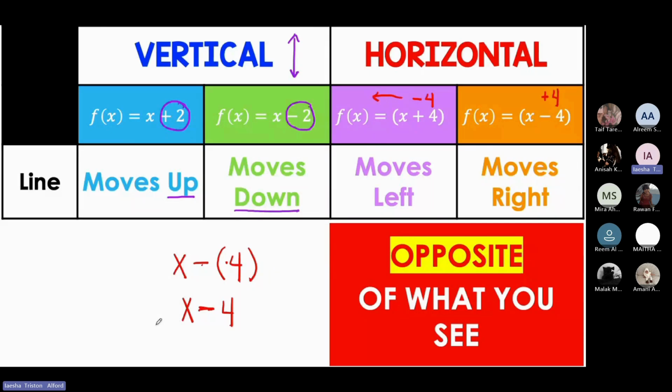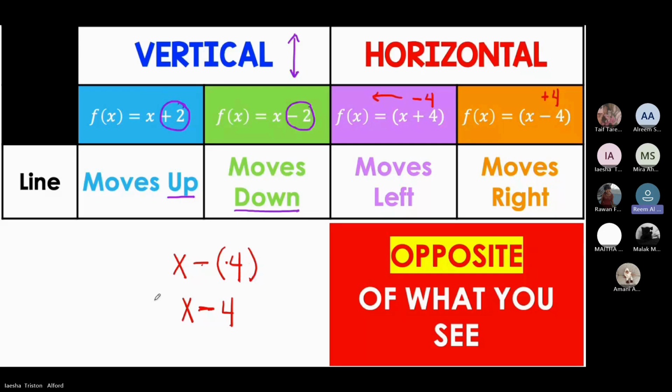It is opposite of what you see. Somebody say it again. How do you know if it's horizontal or vertical? Will there be a graph for it? They will give you an equation like this. How will we know if it's vertical or horizontal?